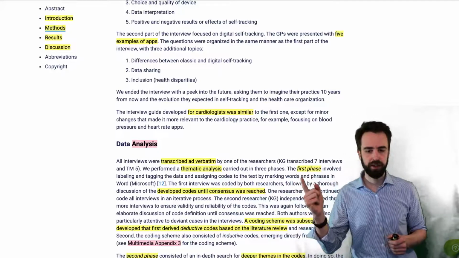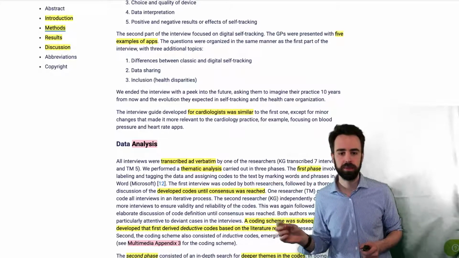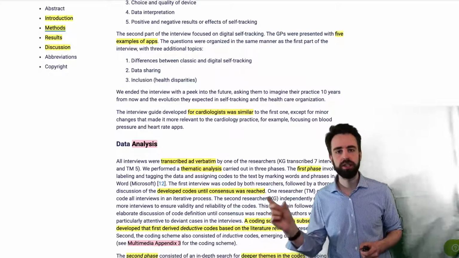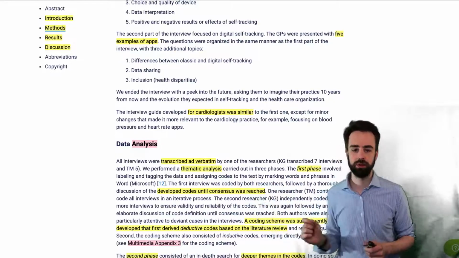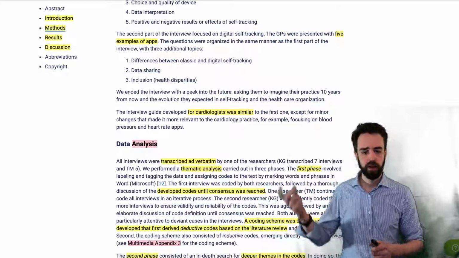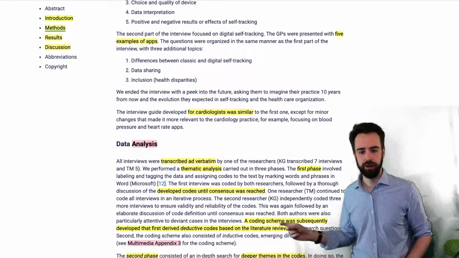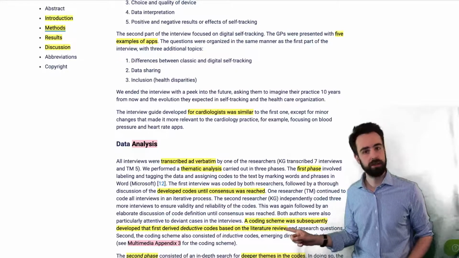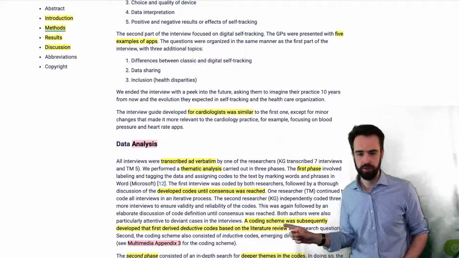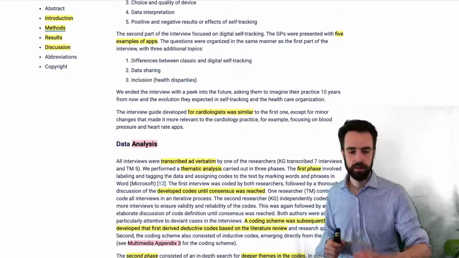In the first phase, the 2 authors went through the transcripts in order to reach consensus of the types of codes. So this is the first inductive approach. What they also did is they created a coding scheme, partly driven by the concepts identified in the literature review, in order to do also a deductive analysis.